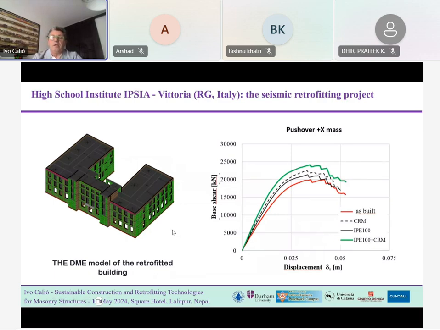Here we can see the difference between the original condition of the building and the enhancement of stiffness, strength, and ductility due to the adopted retrofitting solution. The model has been implemented using the software 3D Macro, and both the retrofitting strategies have been directly included in the discrete macro element model.